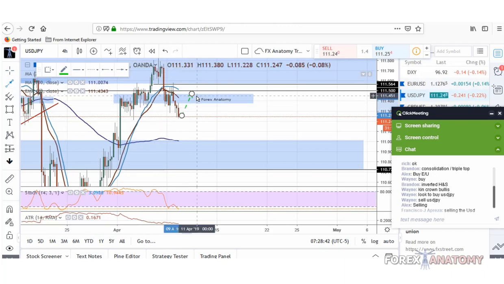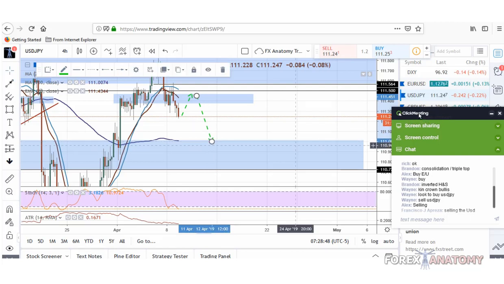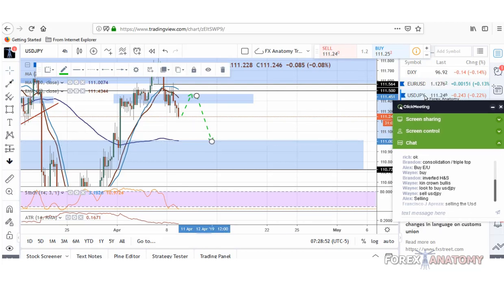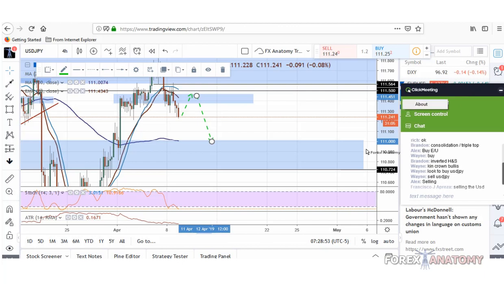And you can ride this lower all the way down to this next zone or level if you want to, which is around the 111 institutional psychological level. So yeah, that would be around the 111 if you want to extend your trade to the downside like that.